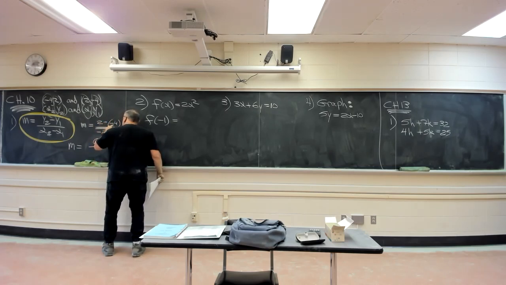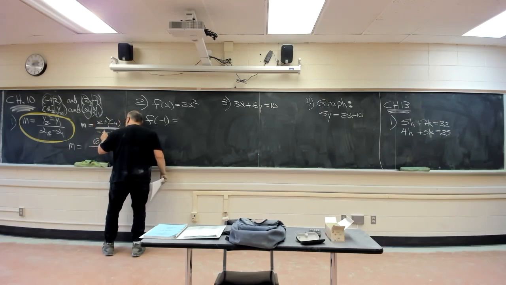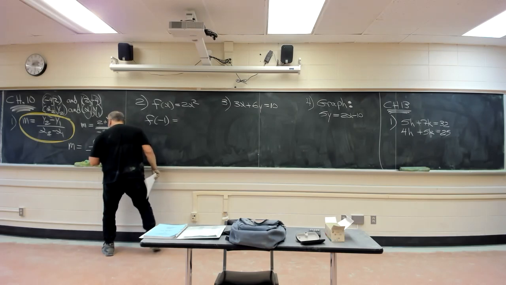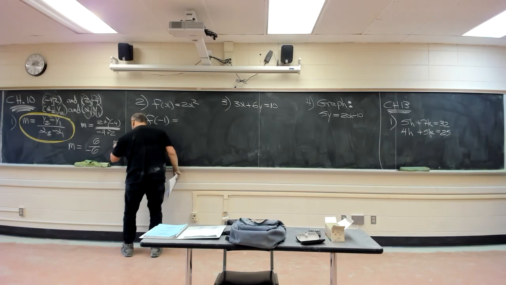Negative 4 minus 2 is plus a negative 2. That's negative 6. 6 divided by negative 6 is negative 1.